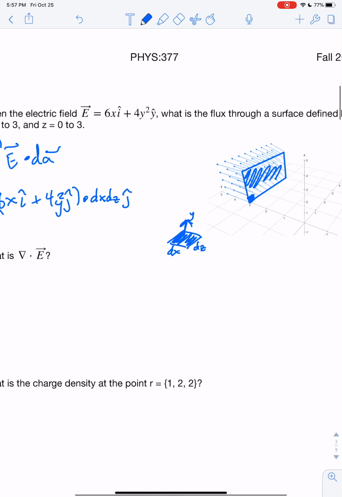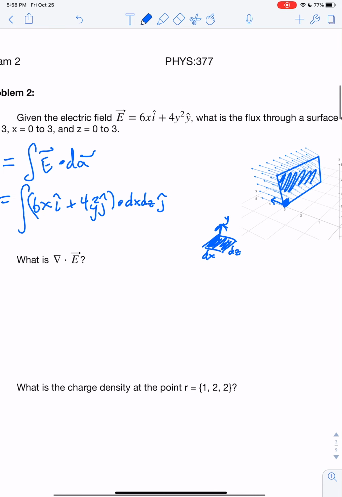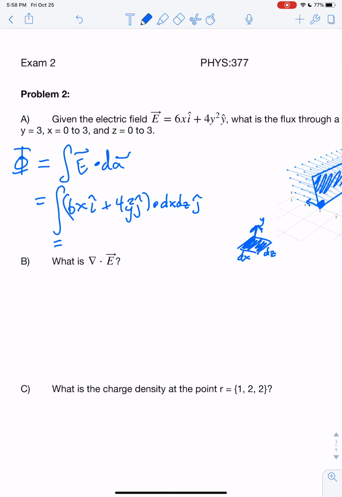Because that's what we want to do. We want to take this area and ask how much of the flux is going in the j direction, because that's what flux is. So we're going to integrate 6x i hat plus 4y squared j hat, and if we dot that into j hat, we just have left over the integral of 4y squared dx dz.